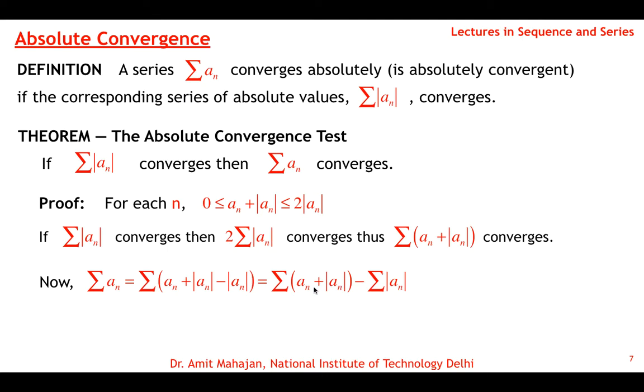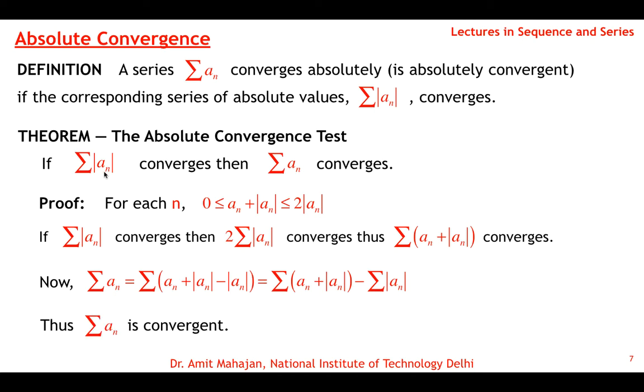So it is the difference of two convergent series, and we know that if two series are convergent, their difference is also convergent. So this immediately proves that the series an, which is the difference of two convergent series, must be convergent.